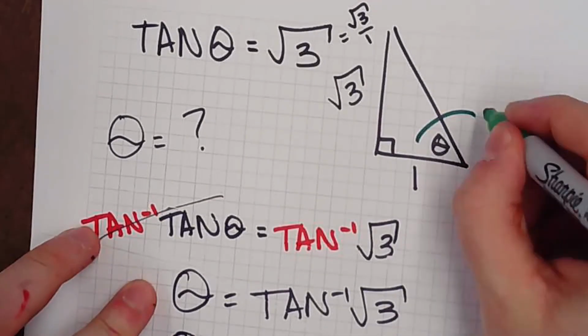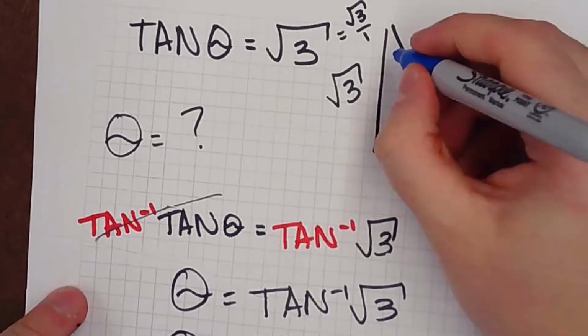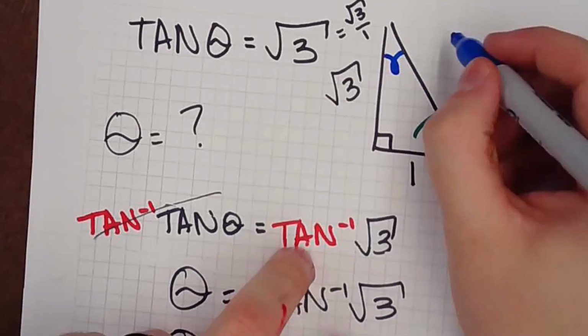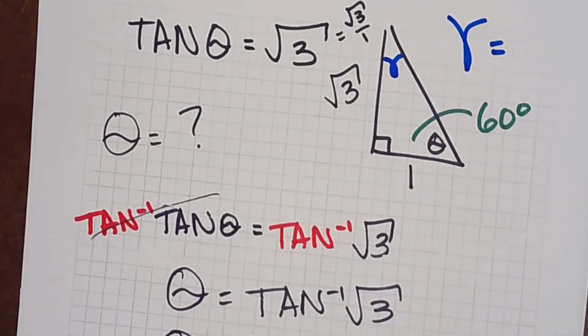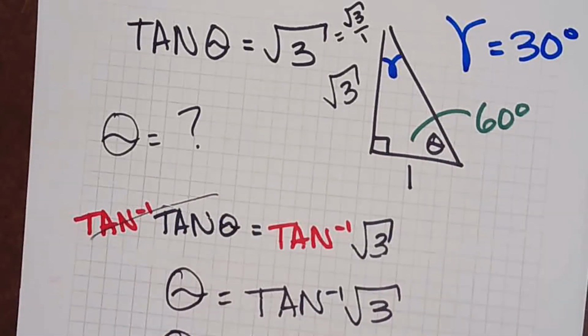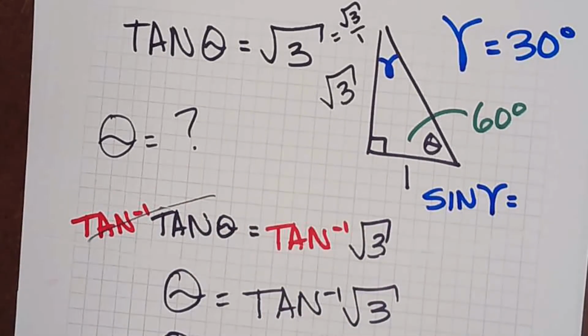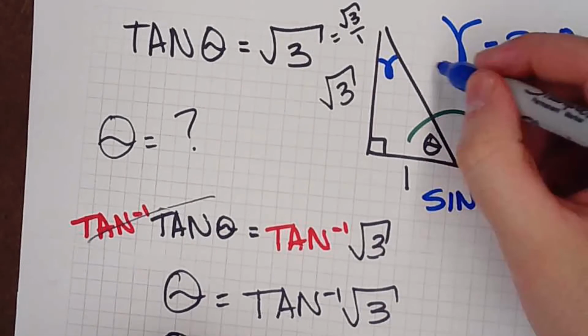So this is 60. What if I asked you about this guy? That's mu, or phi, I don't remember. It's a different Greek letter. What about this guy? If that's 60 and that's 90, what's he going to be? 30. So that means that the sine of this guy is 1 over whatever this side is.